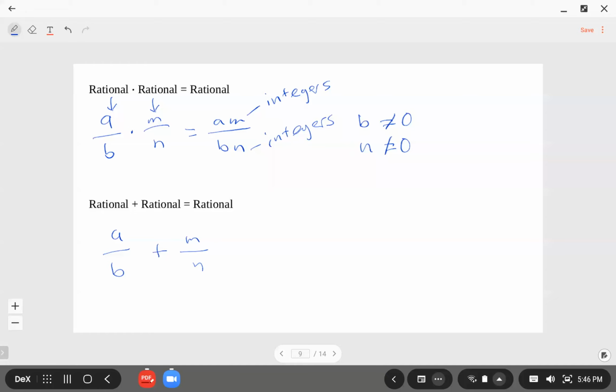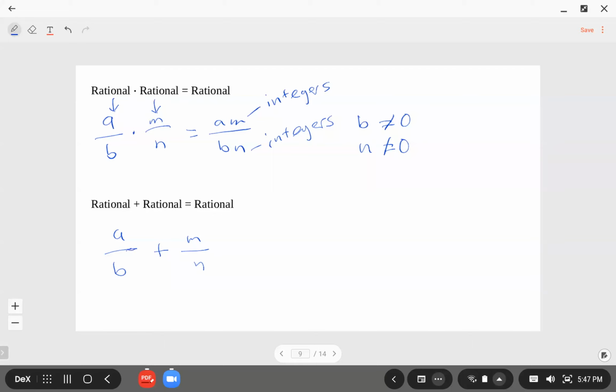We have to multiply both a and b by n, so we get an over bn. And the other side, let's multiply by b, so we get bm over bn.